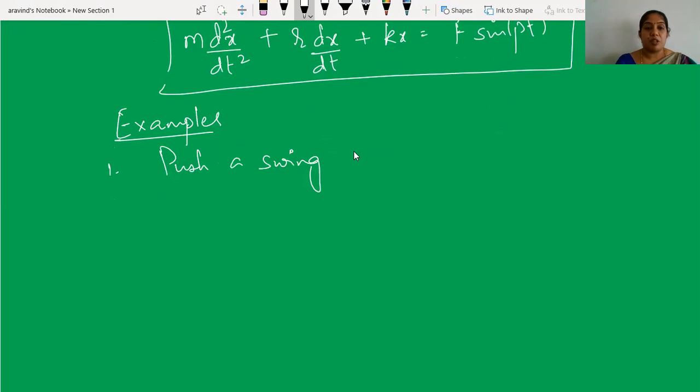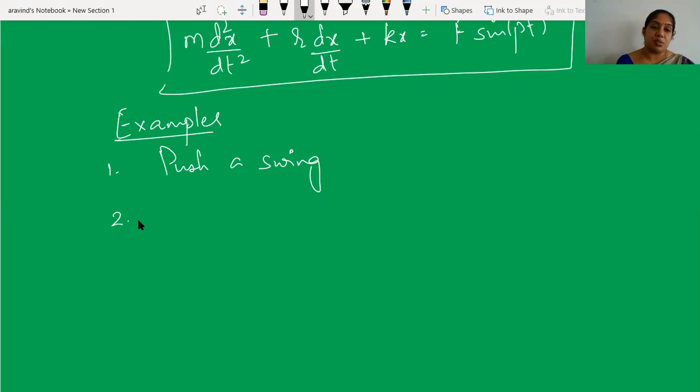So the swing keeps oscillating as long as you are pushing the swing. The swing could be vacant or occupied, nevertheless, the oscillations of the swing depend on what is the force you are applying. So if you push the swing with more force, the amplitude of the oscillations of the swing is definitely proportional to the applied force.